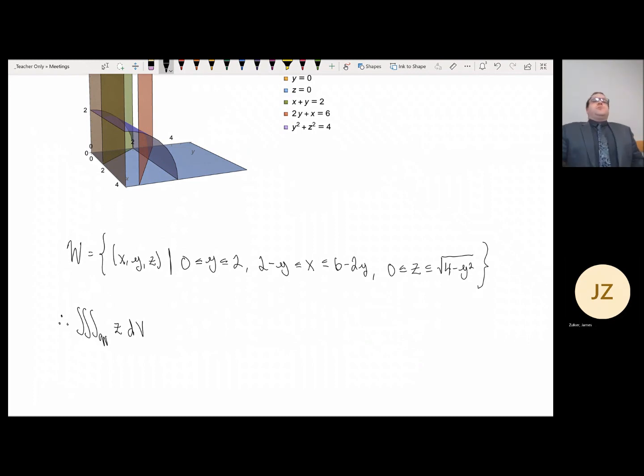So when we do triple integrals, we have a volume differential.